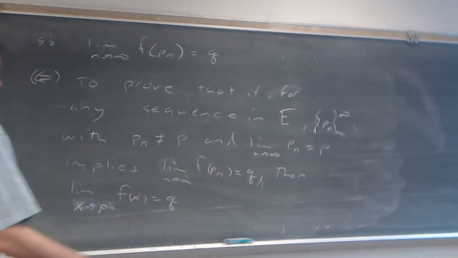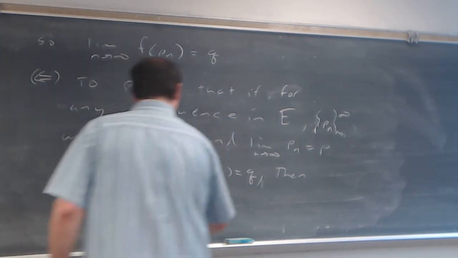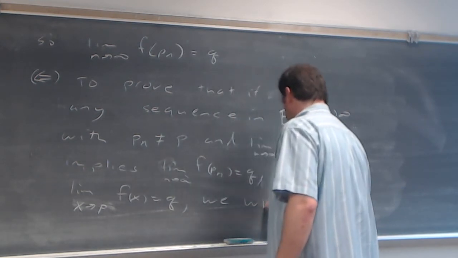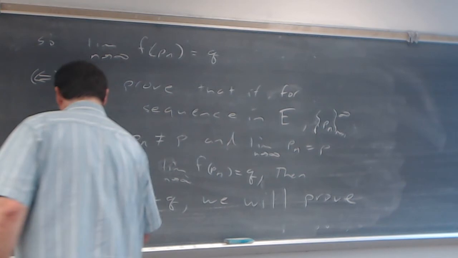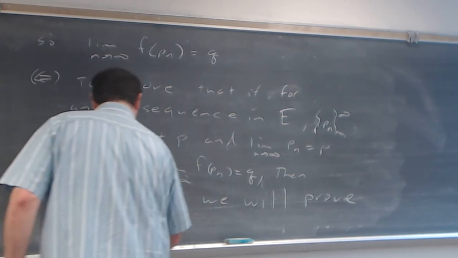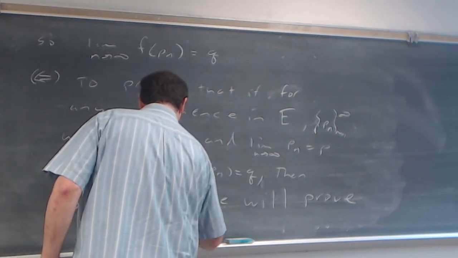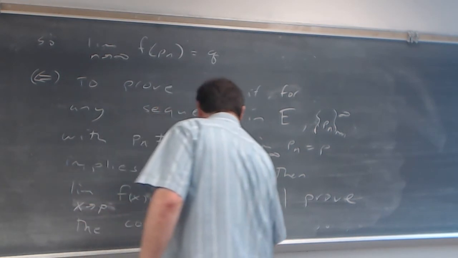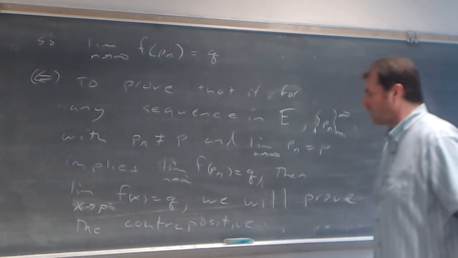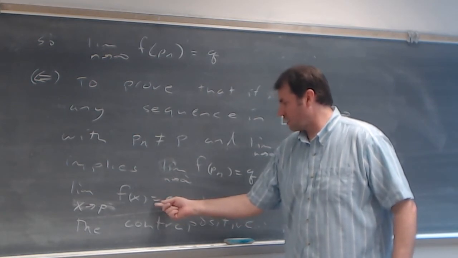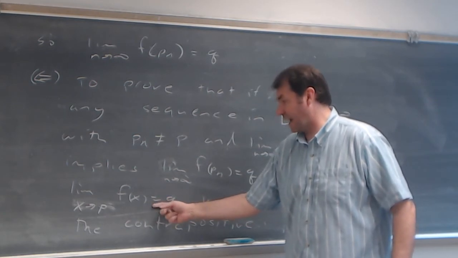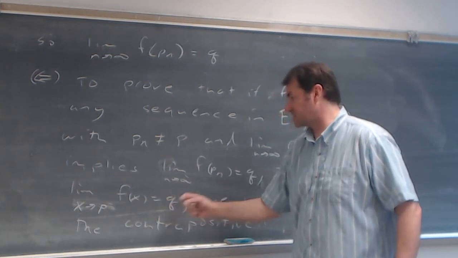To show that direction, okay, we will prove the contrapositive. That is what we're going to do, and I'll write this down, is that we'll suppose that this is not happening, that the limit as x goes to p of f of x does not equal q.